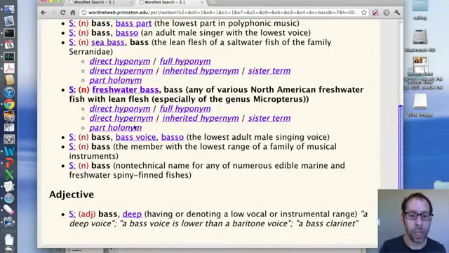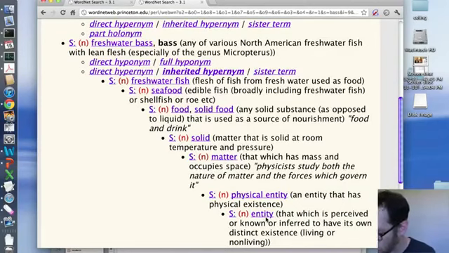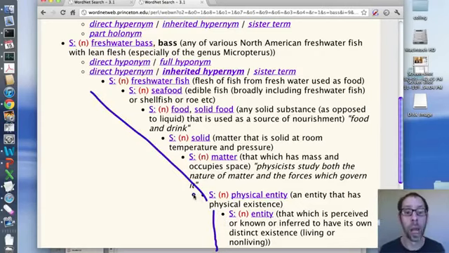There we go. And now we can ask for the whole set of inherited hypernyms. A bass is a kind of freshwater fish, a kind of seafood, a kind of food, all the way up to entity at the bottom. So here's the whole hypernym or superordinate hierarchy.